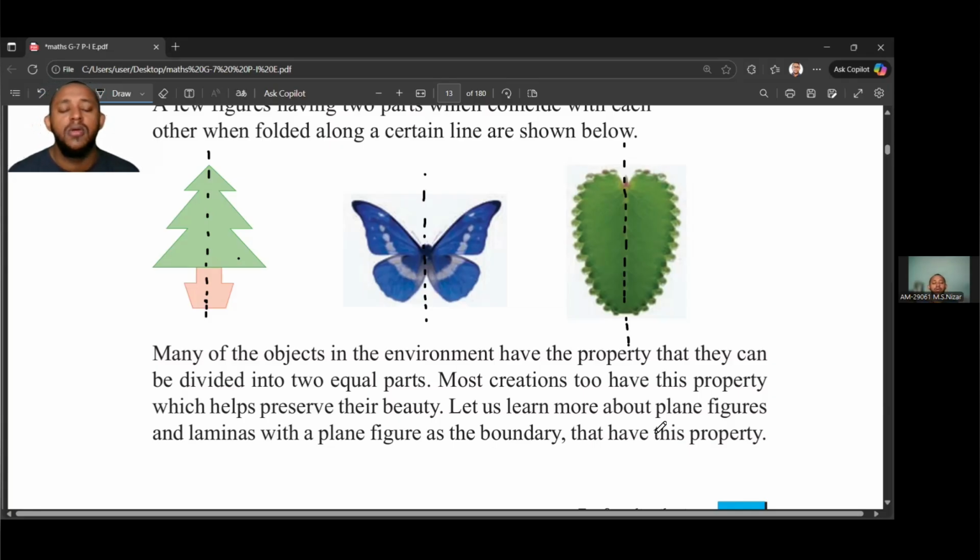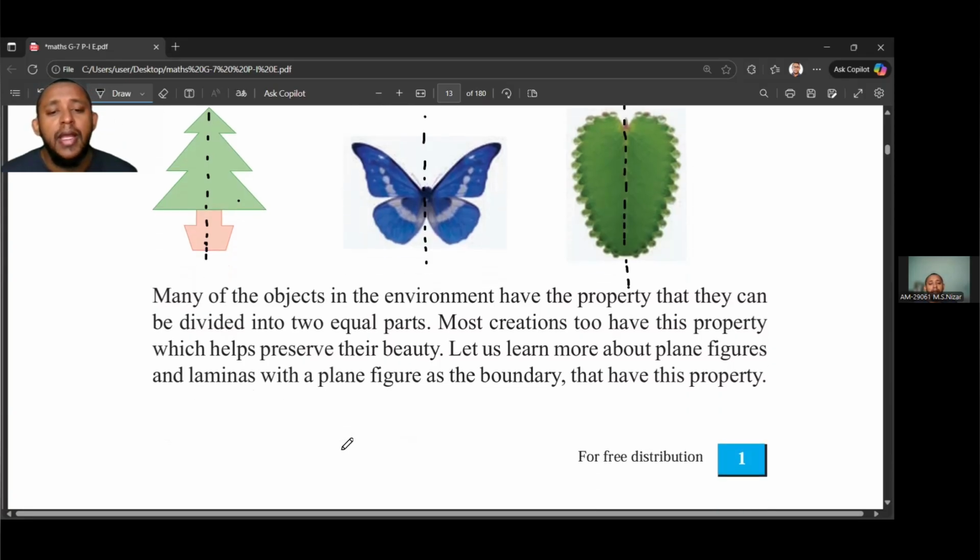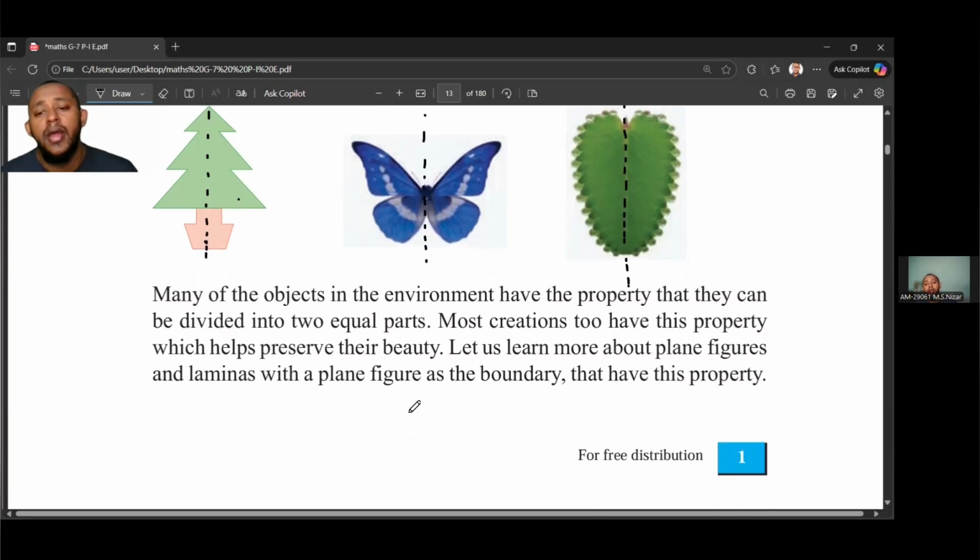Two equal parts are there, into which that particular object can be divided, right? So most creations do have this property, which helps preserve their beauty, as I said earlier. So let us learn more about plane figures and laminas with a plane figure as the boundary that have this property, right?